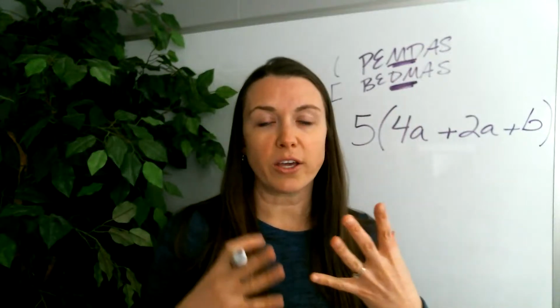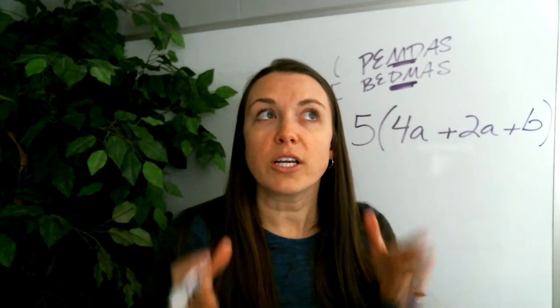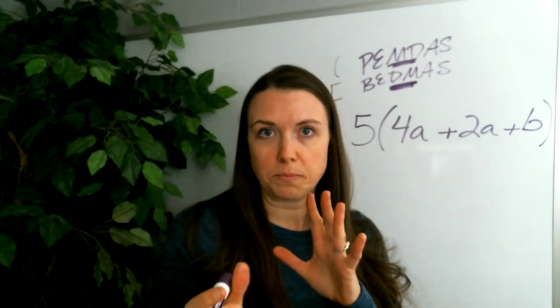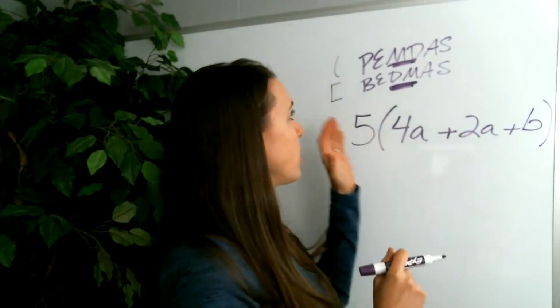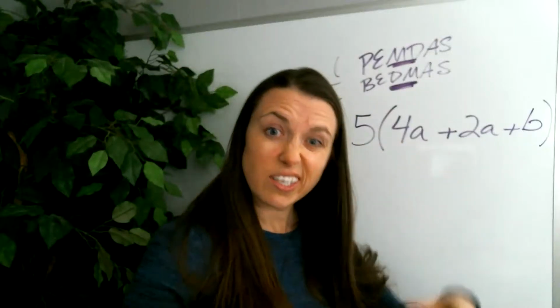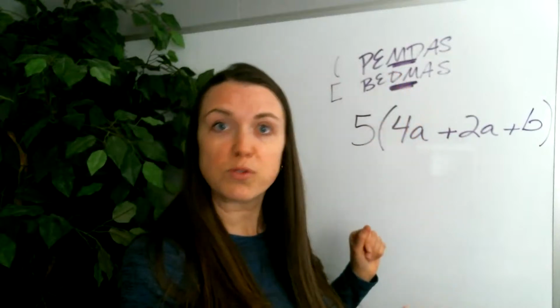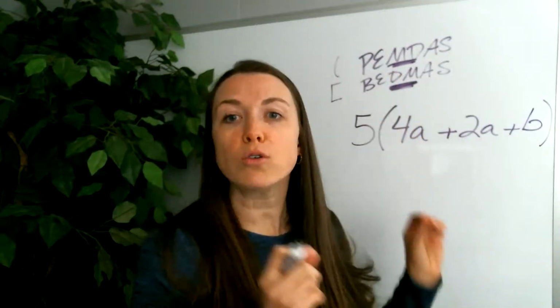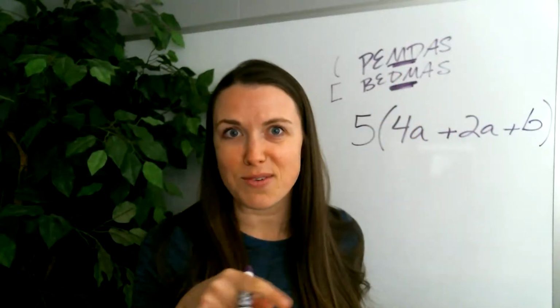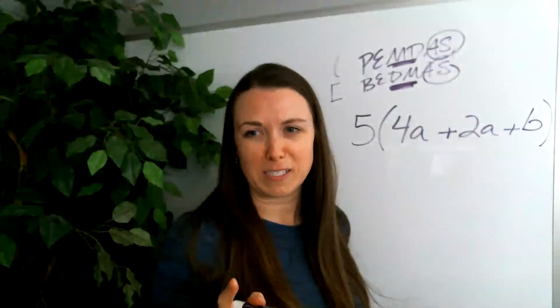It does matter which one you do first. They're buddies. So whichever one is left, you do first. If division comes first, do division first. If multiplication comes first, do multiplication. But those are buddies, so make sure you stick with them together, okay? Addition and subtraction are also buddies.